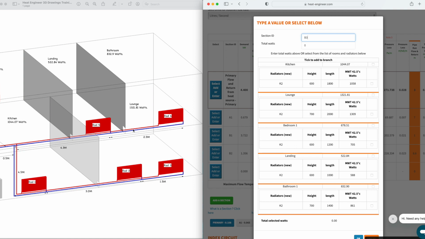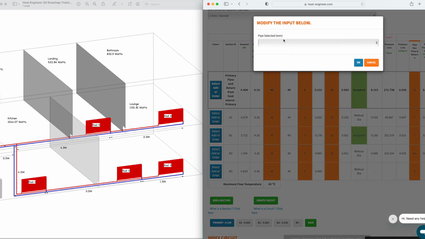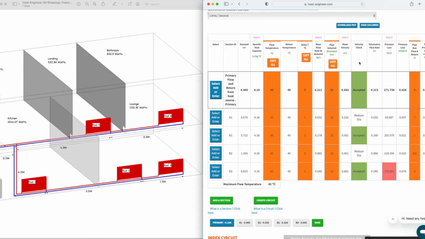Well, it's only taking the energy from the bathroom now. So all we've got to do is click the bathroom and add that, and job's done. Again, 45-degree flow temp, copy all there, DT5, and again we've got 15mm copper serving that. I'll tell you what, let's go down. Let's put a bit of 10mm copper in there and see what happens. Yeah, that's a little bit high, because what would happen there is you've got 772.